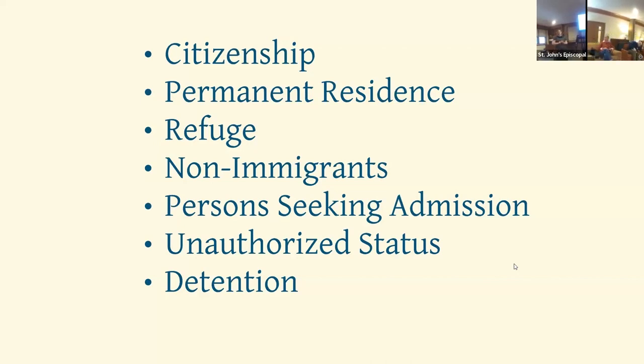Non-immigrants, so people that are just here for a temporary time, for example, study abroad students from overseas. Person seeking admission, and we'll go into more detail. That one's kind of complicated. Unauthorized status, so people that are in the US but don't have permission from the government. And detention, which is the basement, not a great place to be.